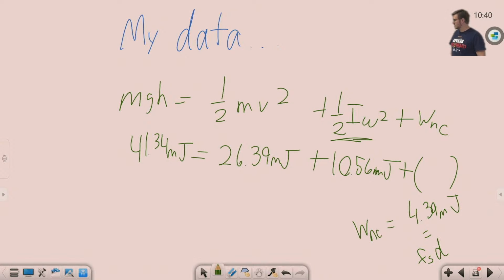We could find the static frictional force that was used to cause it to roll. In which case, mu S times Fn. And then we could find that mu S using W and C.